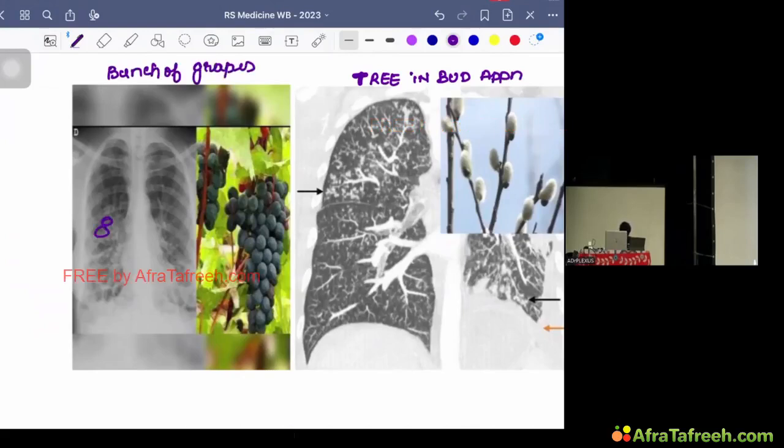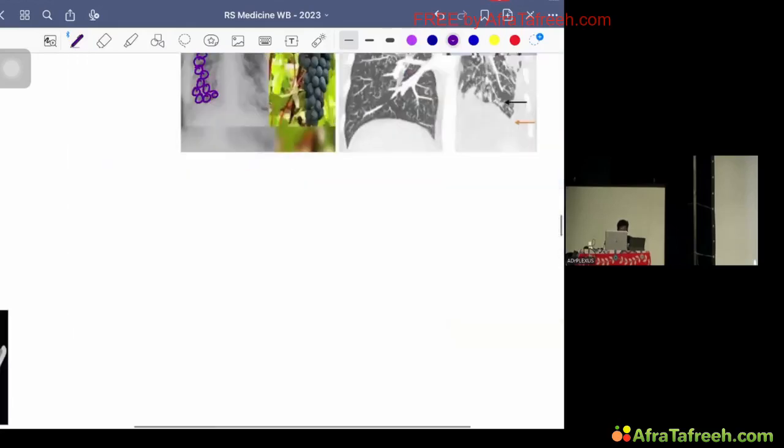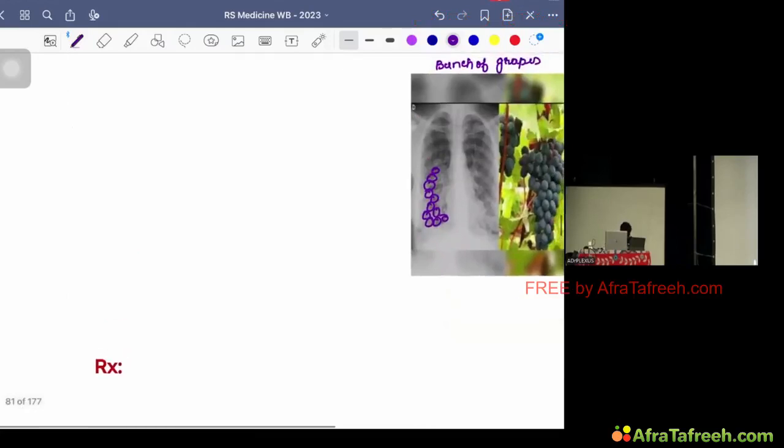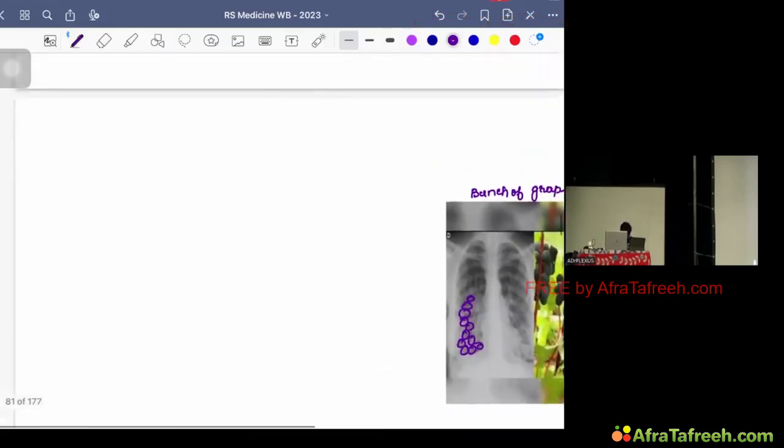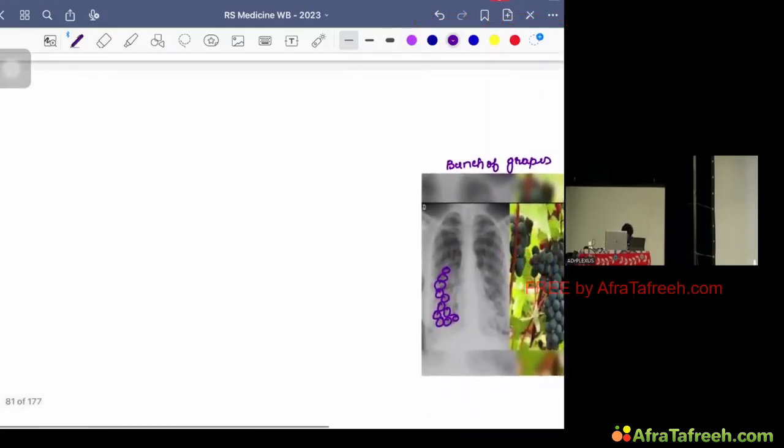You get a lot of bunch of grapes like appearance in chest X-ray. Okay, so these are the things which you can get in patients with bronchiectasis. This is again an important thing which has been asked recurrently in your exams. Okay, what is the treatment?